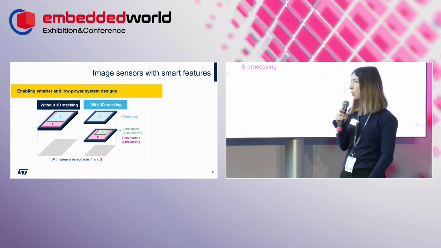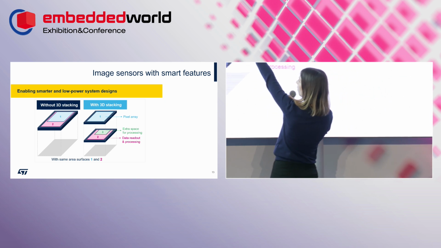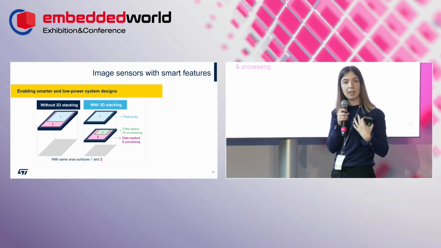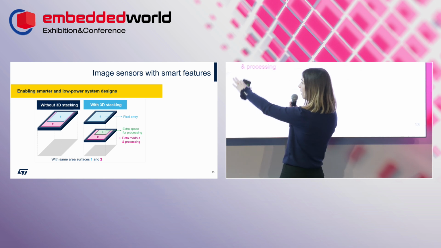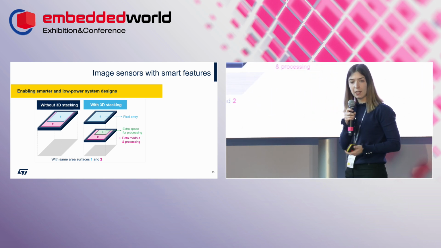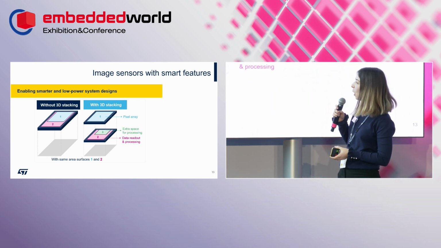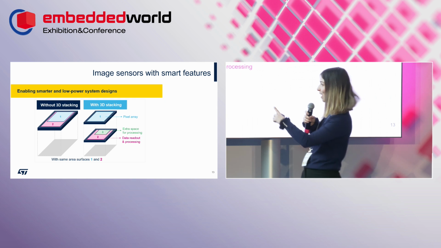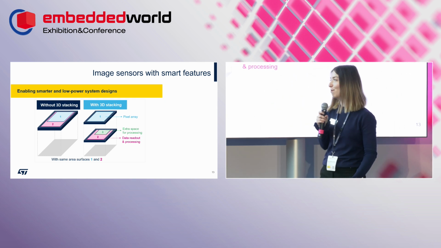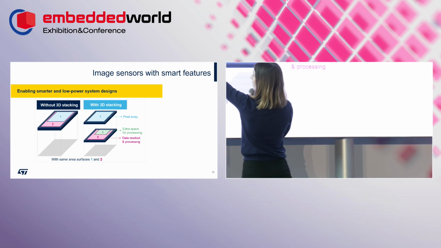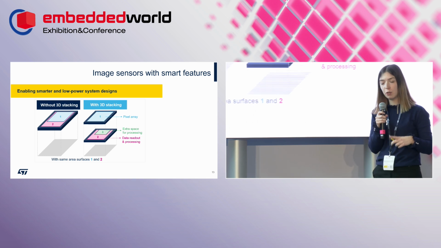For the image sensors, it means that you can have a top layer allocated to the pixel array and capturing light, and a bottom layer allocated to the data readout and processing. What you may not see with your eyes on this picture, but you have to believe me, is that it's the exact same surface, the pink one, between the left and the right drawing.